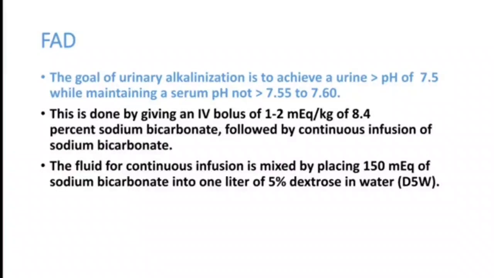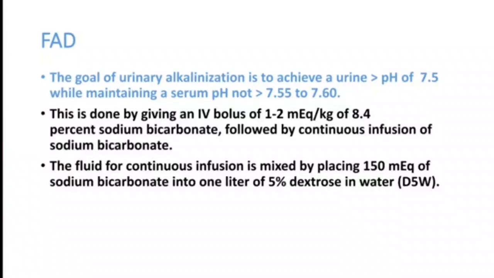This forced alkaline diuresis is done by giving an IV bolus of 1 to 2 milliequivalents per kg of 8.4% sodium bicarbonate, followed by continuous infusion of sodium bicarbonate. The sodium bicarbonate is given along with fluid.